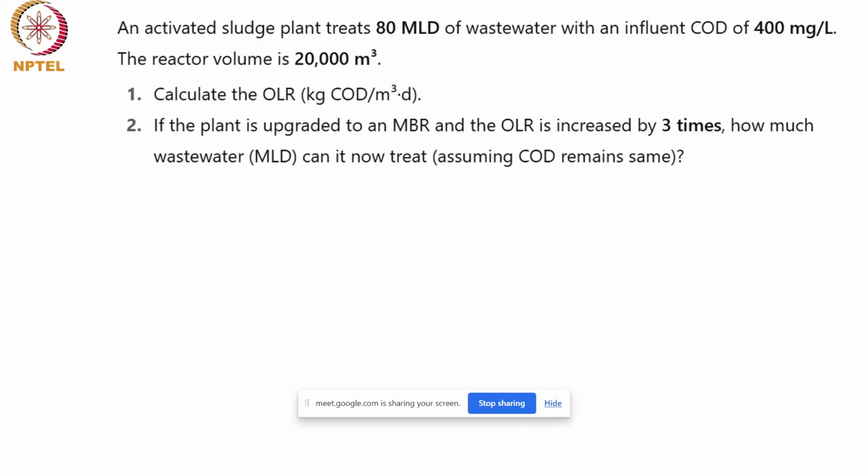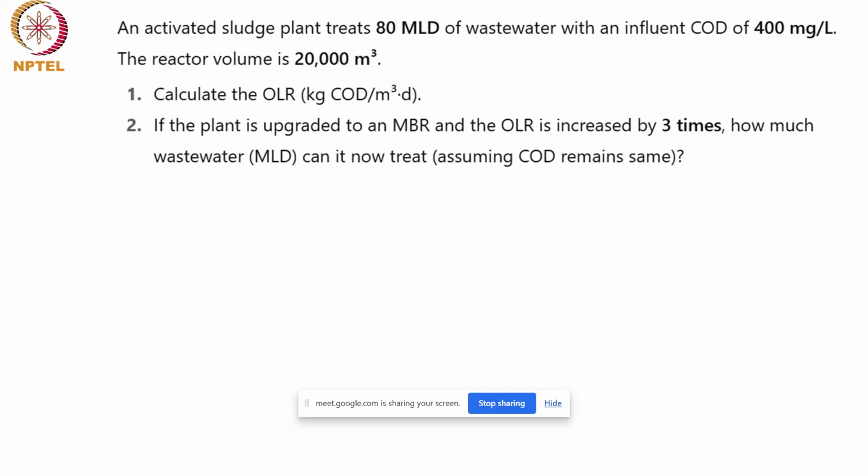Can someone tell me how to find the OLR, organic loading rate? Ma'am, OLR in the sense means what? Organic loading rate.